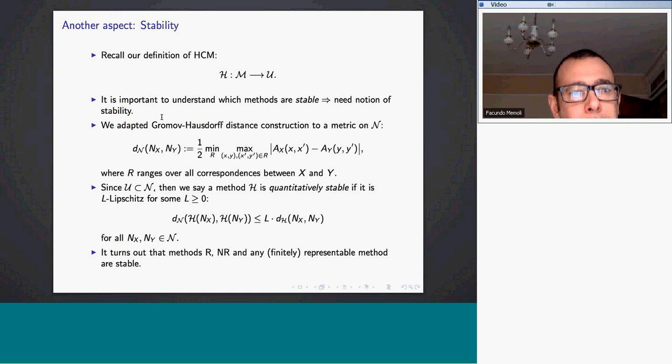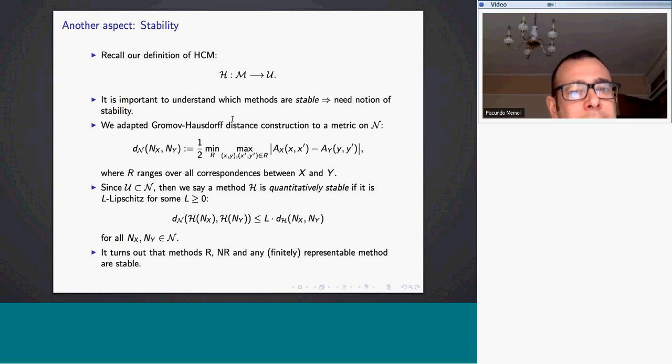they are stable. Following sense. So read the definition of hierarchical clustering methods using the notation that H sends a network into a parametric space.